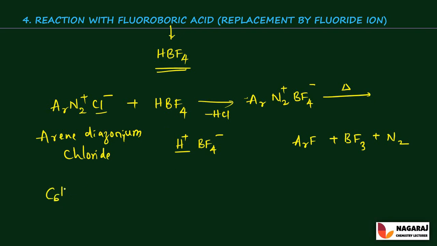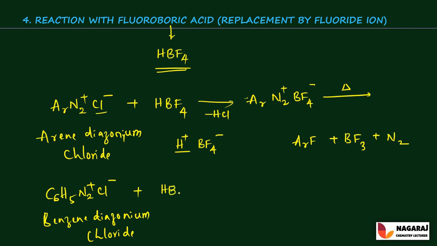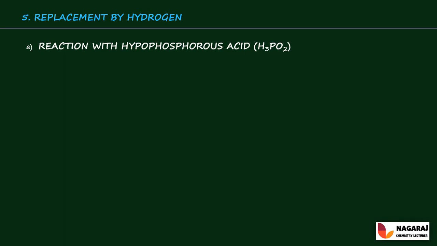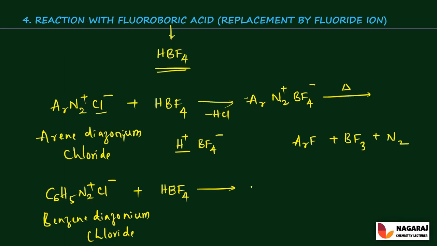For example, let us take C6H5N2+ Cl-, called benzene diazonium chloride. This benzene diazonium chloride is treated with HBF4, fluoroboric acid. Cl- is replaced by the strong nucleophile BF4-, so it gives C6H5N2+ BF4-.